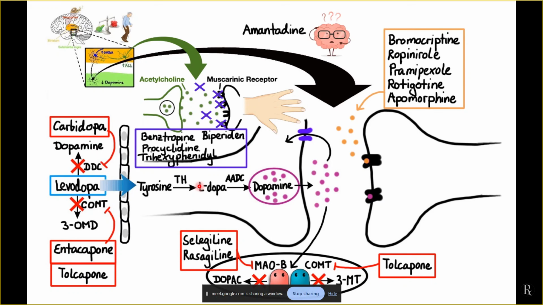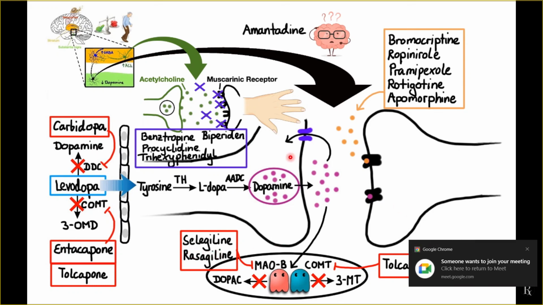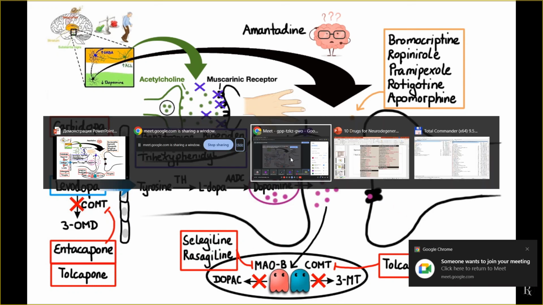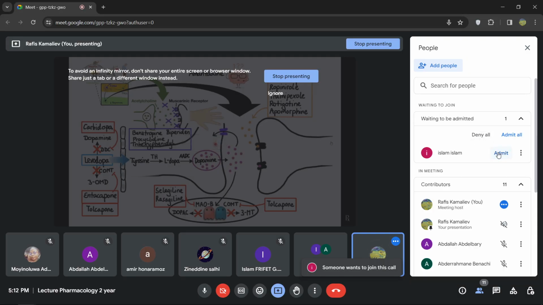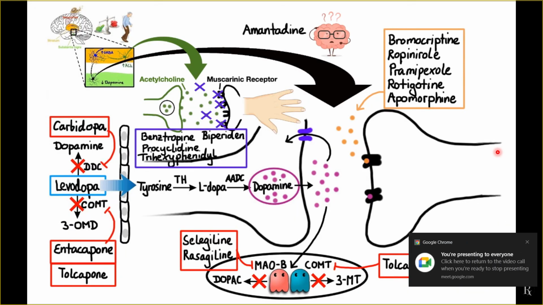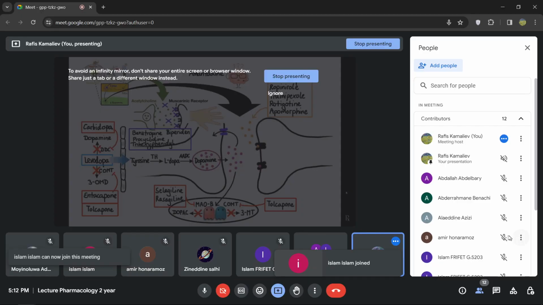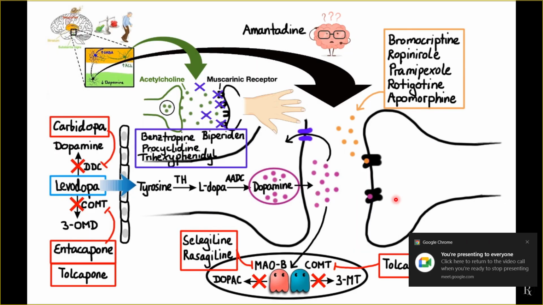Also there are drugs that inhibit the enzyme monoamine oxidase, and these drugs are rasagiline and selegiline.